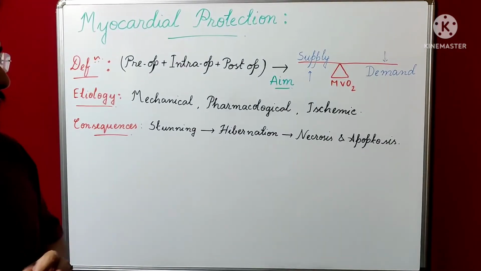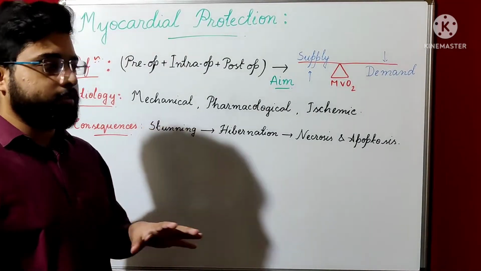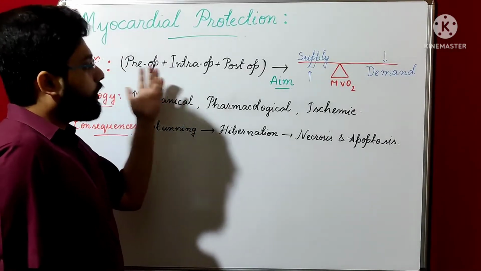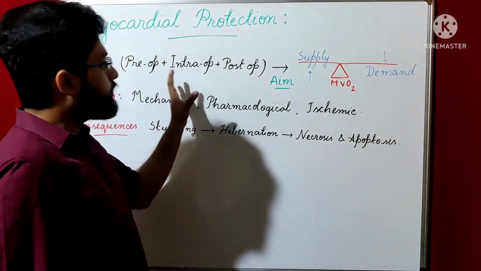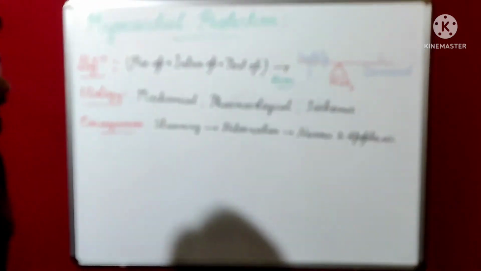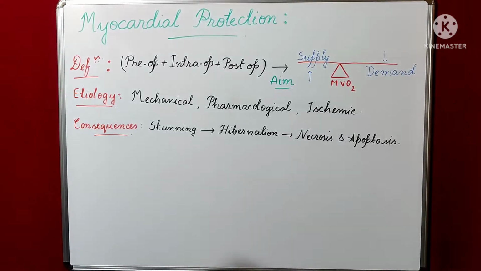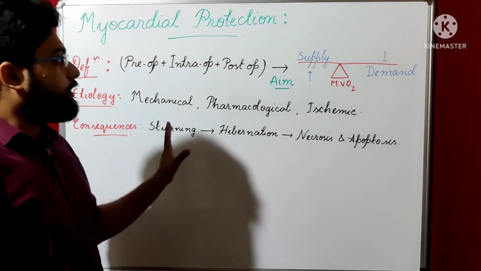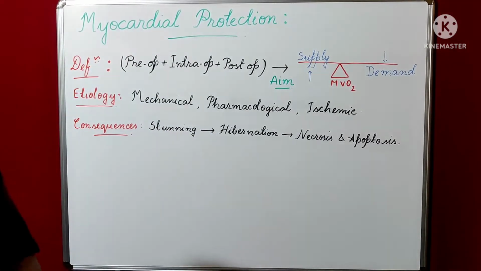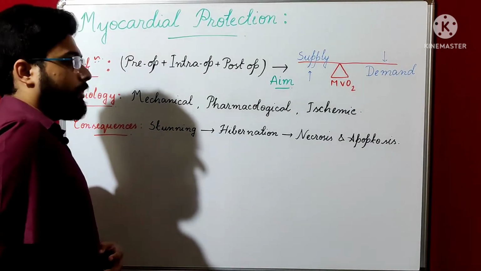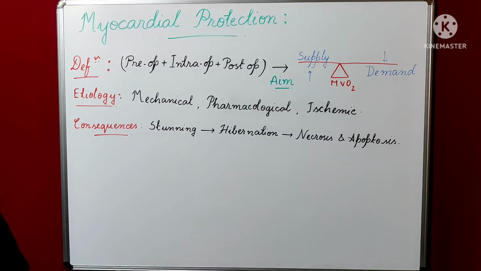So the strategies and interventions taken during all three phases are together called myocardial protection or myocardial protective strategies. What is the aim of myocardial protection?